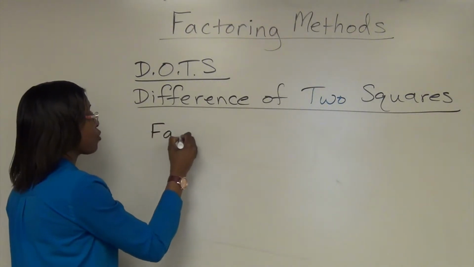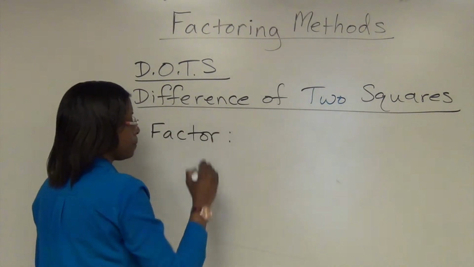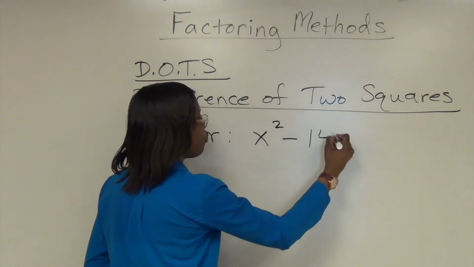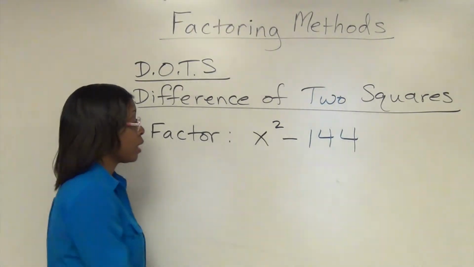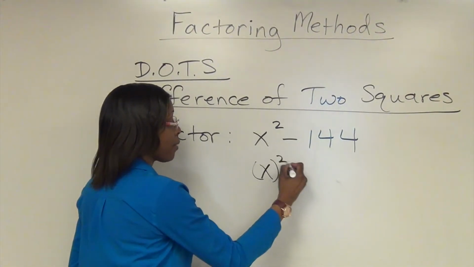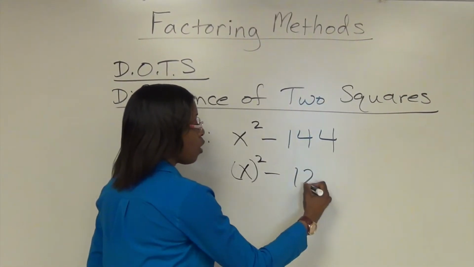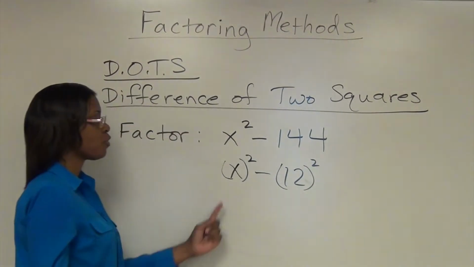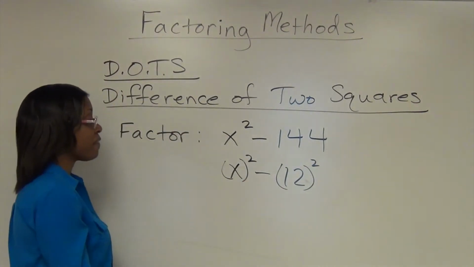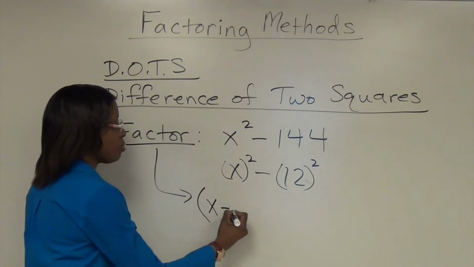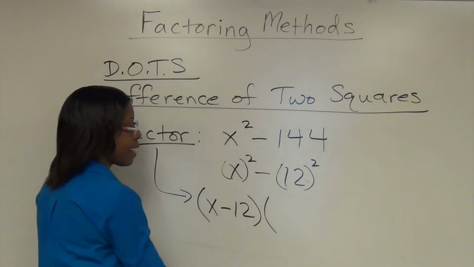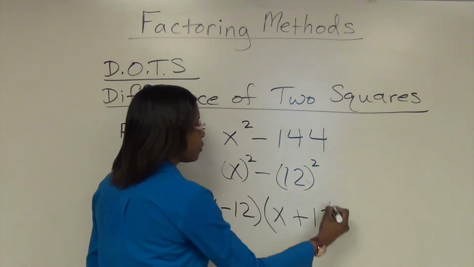So if we factor x squared minus 144, well, we have two perfect squares here: x to the second power minus 12 squared. There you go. These are our perfect squares. So when we factor it, our factored answer will be x minus 12 times x plus 12.